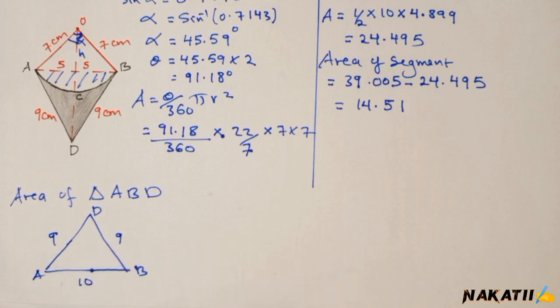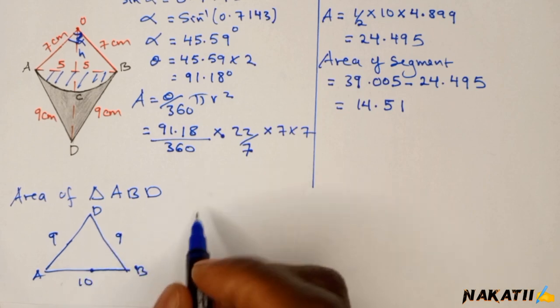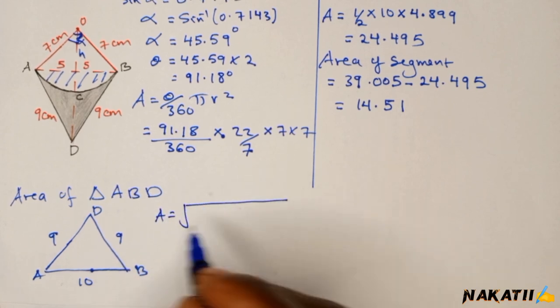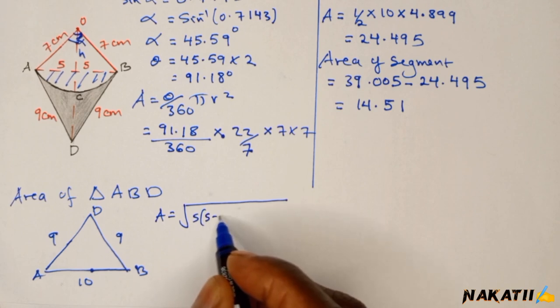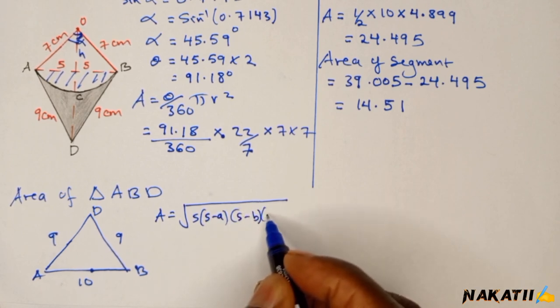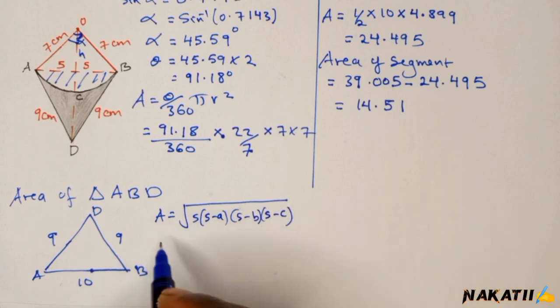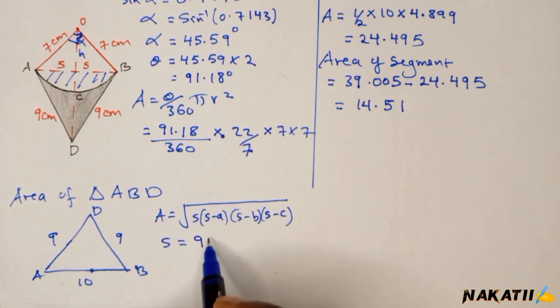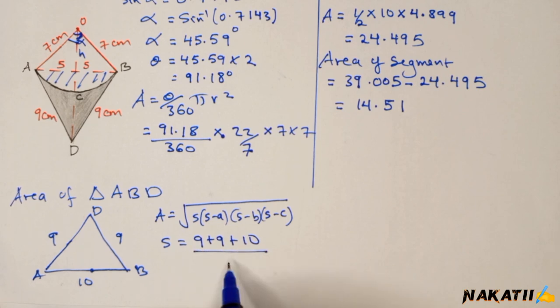Here we can use Heron's formula and say that area is equal to the square root of S into S minus A, S minus B, and S minus C. What is S? S is the perimeter of this triangle divided by 2. That will be 9 plus 9 plus 10, divided by 2.